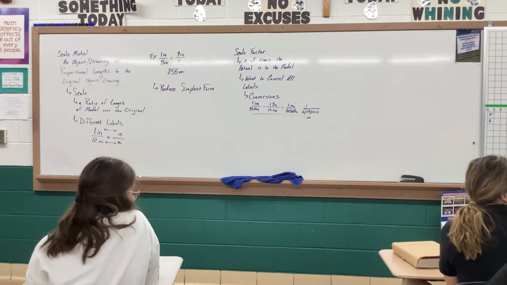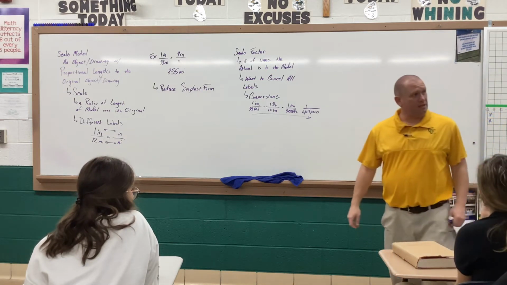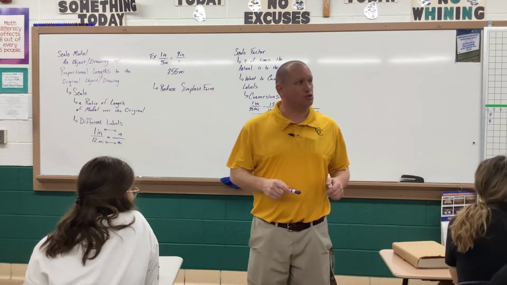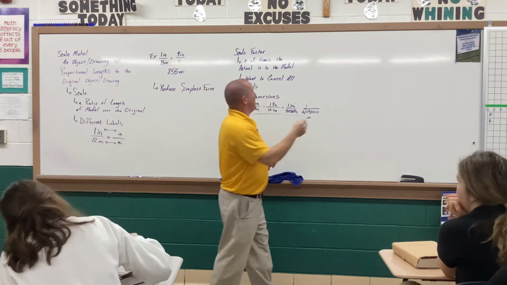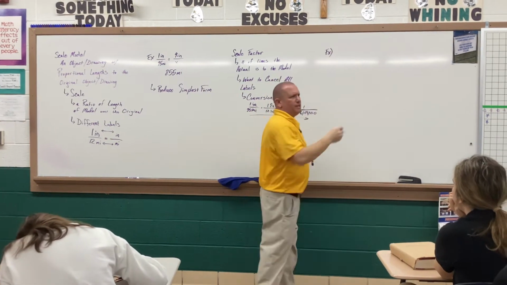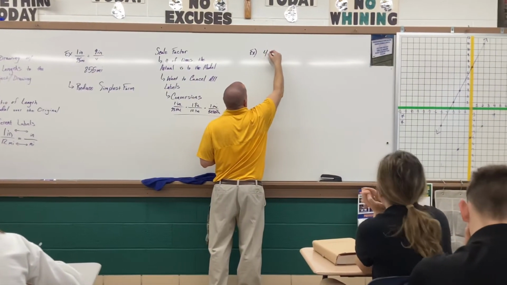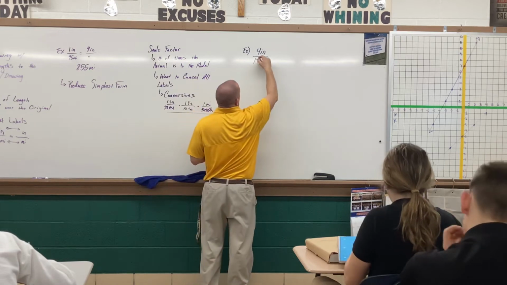So, here's my problem. A miniature replica of a fighter jet is 4 inches long. The actual length of the jet is 12.8 yards. So, the first part says, what is the scale? Alright? So, it says that we have 4 inches, and on the bottom we have 12.8 yards.